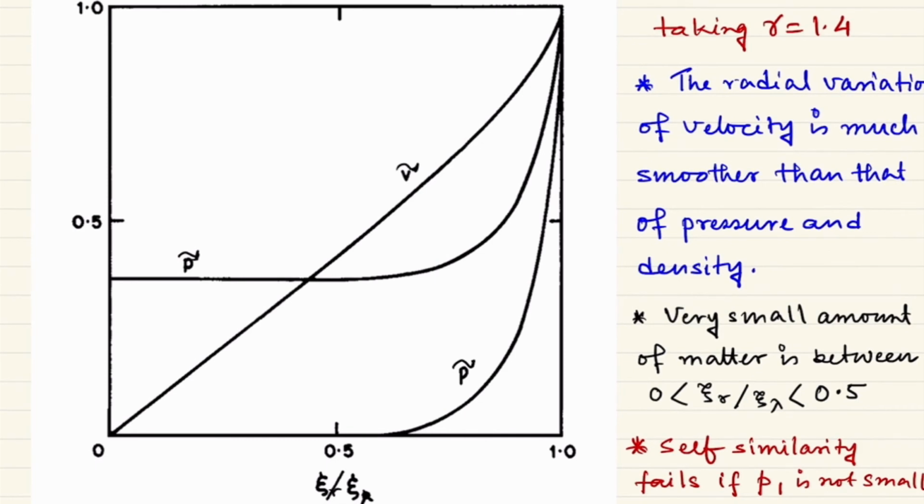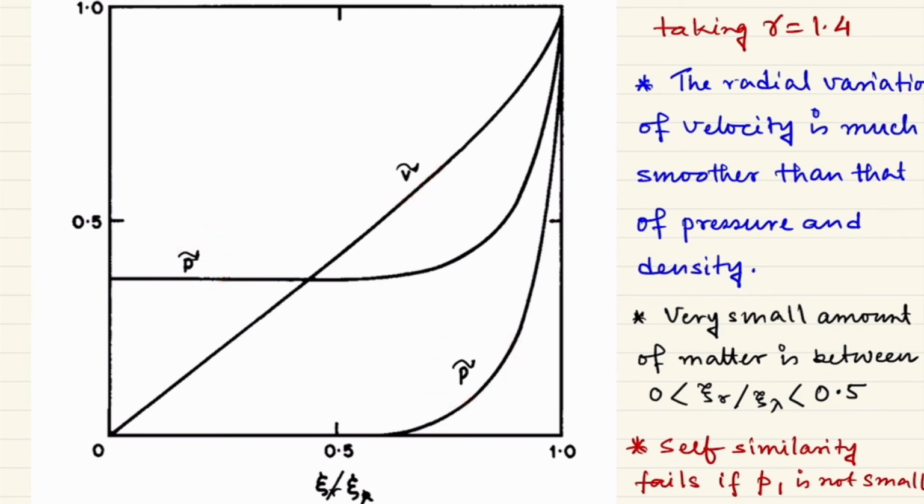Okay, so here we have plotted xi r by xi lambda along the x-axis, and along the y-axis we have plotted three different things for three different plots. One is p tilde, one is v tilde, one is rho tilde.